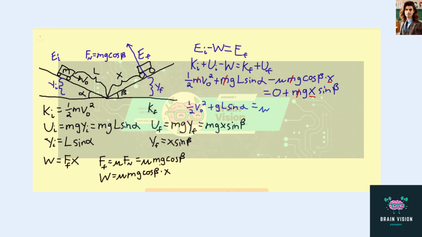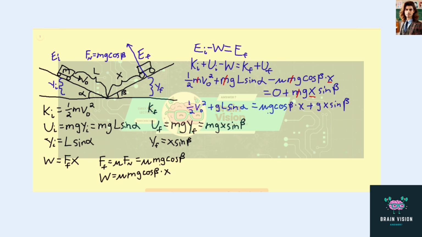So that's mu times g times the cosine of beta times x plus gx times the sine of beta. So now I can factor out x from these two terms on the right-hand side of the equation.